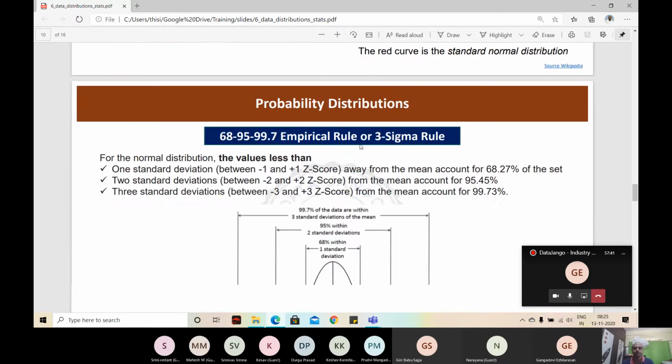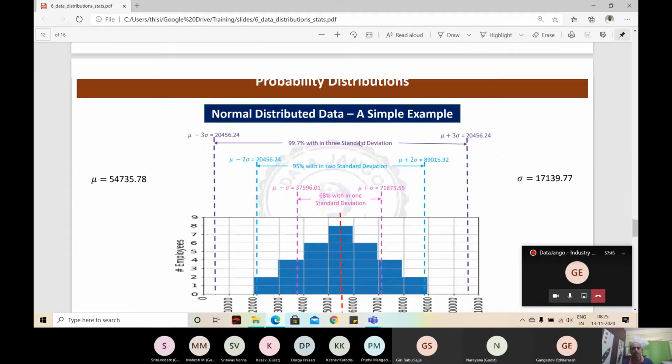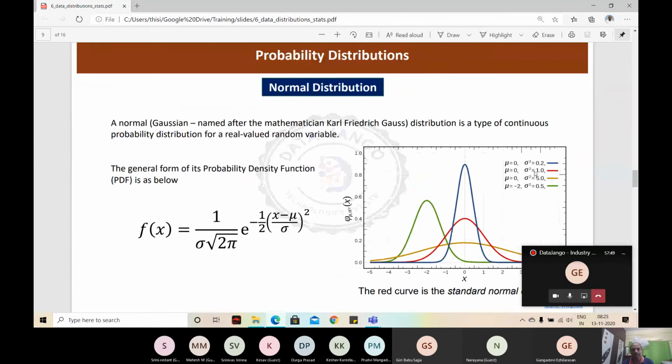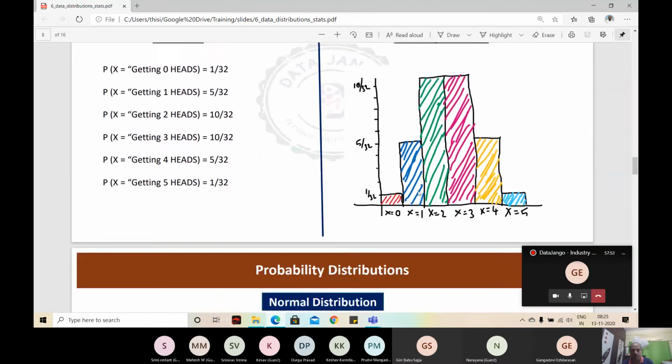Okay. When an experiment is conducted, there will be many values coming in. If you take this example, you throw a coin 5 times, and maybe 0 heads come, 1 head comes, 2 heads come.